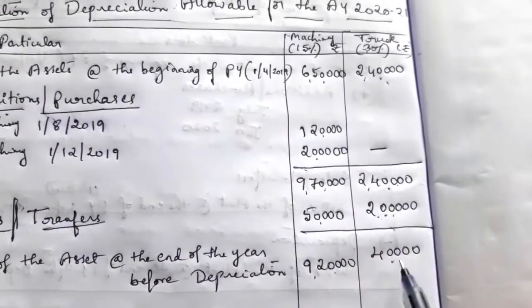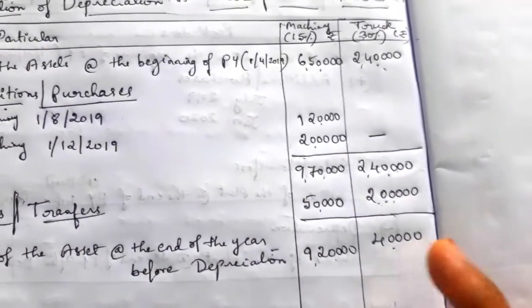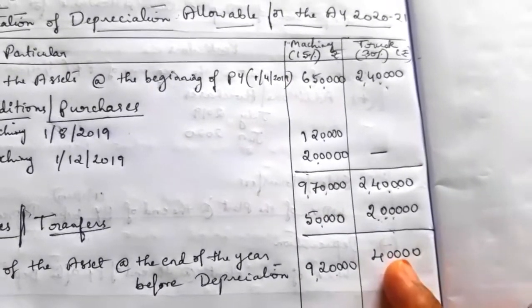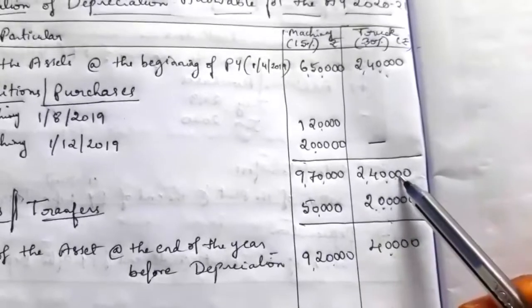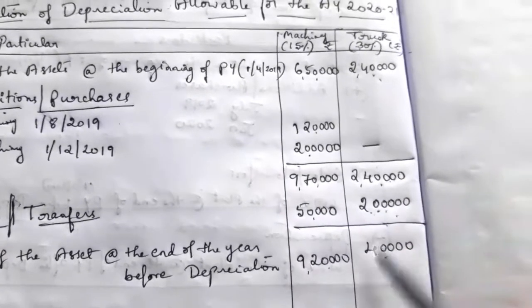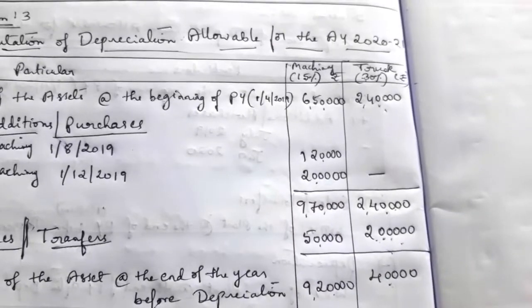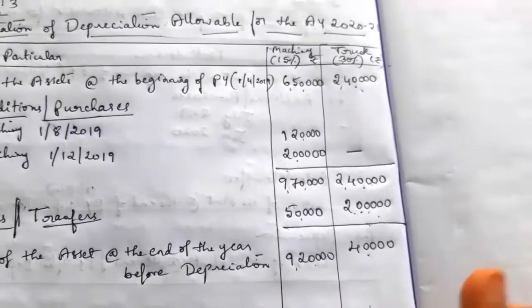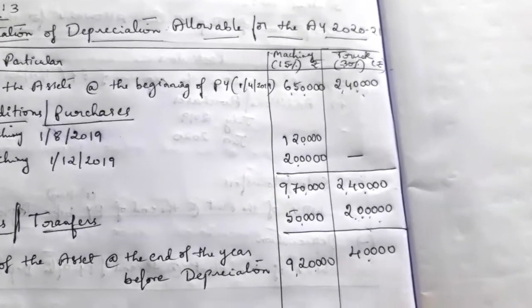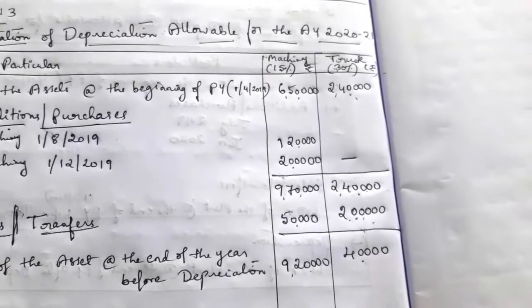So the balance is not the written down value of the asset; it is a loss. The actual value of the asset is 2,40,000, but they sold it for a lesser value, meaning 40,000 is a loss. A motor truck is a capital asset, so the loss arising from this capital asset is known as short term capital loss.